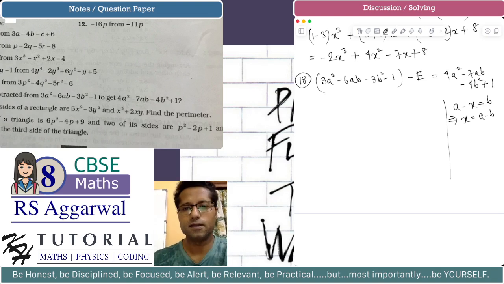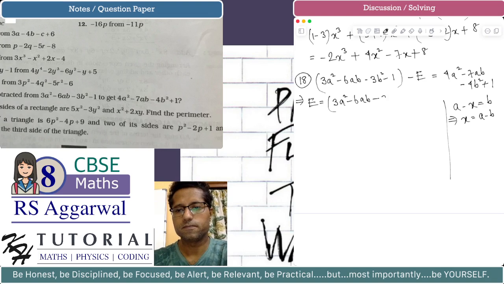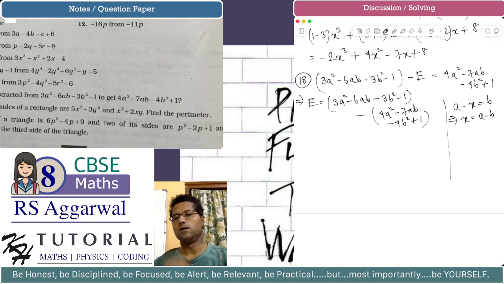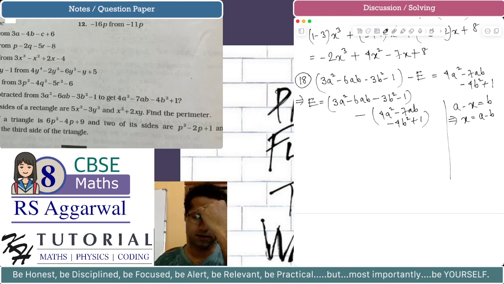Similarly, e is equal to 3a square minus 6ab minus 3b square minus 1 minus 4a square minus 7ab minus 4b square plus 1. So the expression to be subtracted is basically the subtraction of these two algebraic expressions.